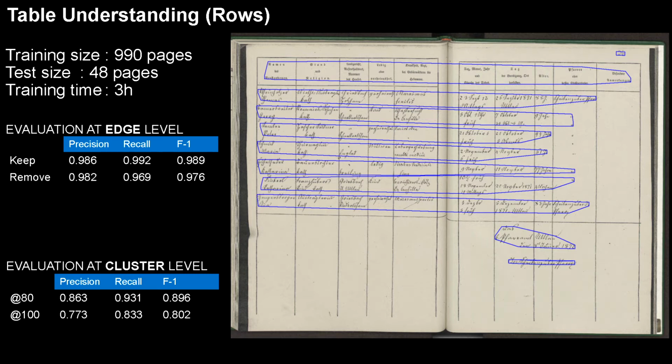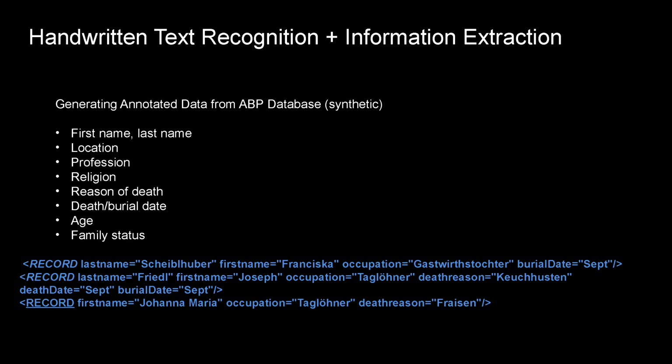When we have this set of table rows, the next step is to extract the information from each record. Here is the list of items we would like to extract from each record: the name of the people, their location, the profession, the religion, the reason of death, of course the date of the death and the burial, the age, and also the family status.